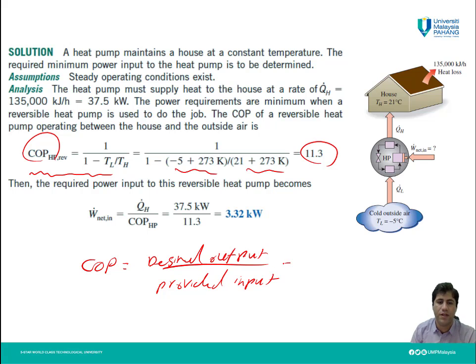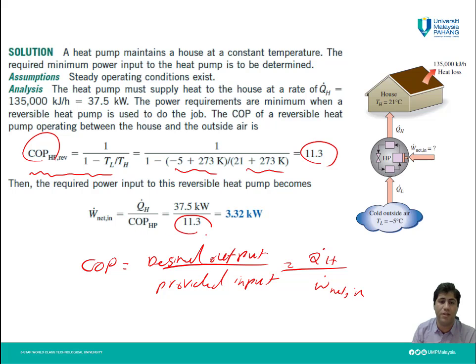What we have here, the desired output is Q dot H, and the provided input is W dot net in. If we restructure this equation, we can write W dot net in is equal to Q dot H divided by the COP of this heat pump.